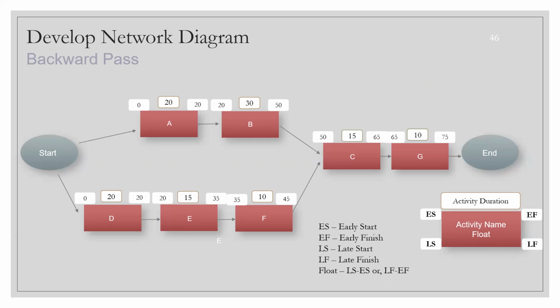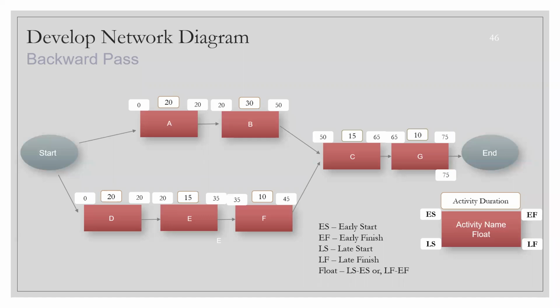For activity G, we are going to calculate the late finish. What is the late finish here? We'll take it as 75, because that is the end stage, right? Whatever the early finish is, that will be the late finish for the last activity. They both will be the same. So we are taking 75. Now we have to find the late start.